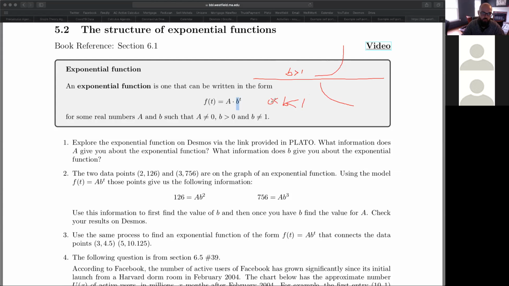Okay, so we had these ideas from Tuesday, and now what we're going to focus on today is this: given 2 data points, how do we find the equation of the exponential function that goes through those 2 points?